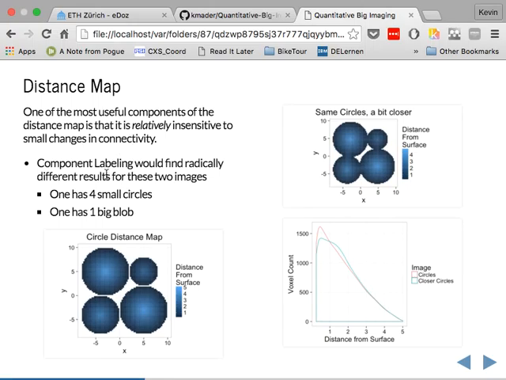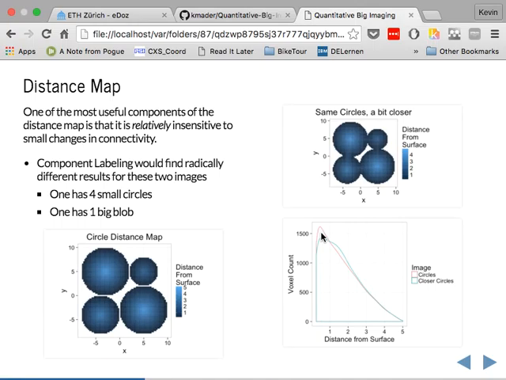If we take this distance map that we have, one of the things we can do is look at the histogram of this distance map. We can see that for this object, the histogram is this pink curve, I believe. And this is a nice histogram, and we can look at what the maximum point is and figure out the maximum radius of one of these circles in the image.